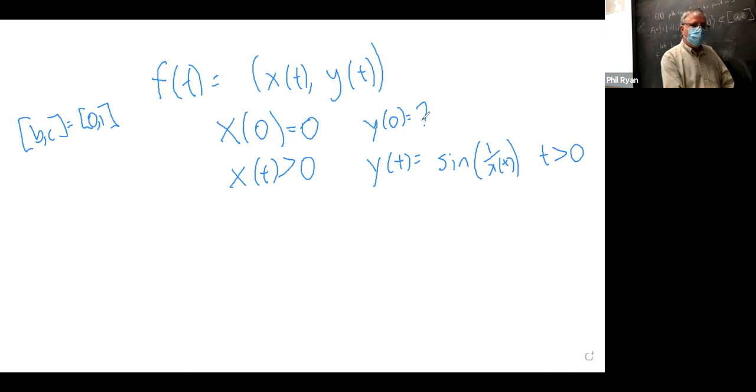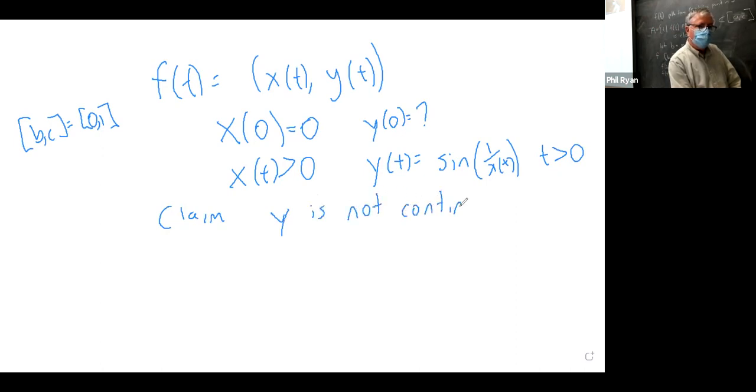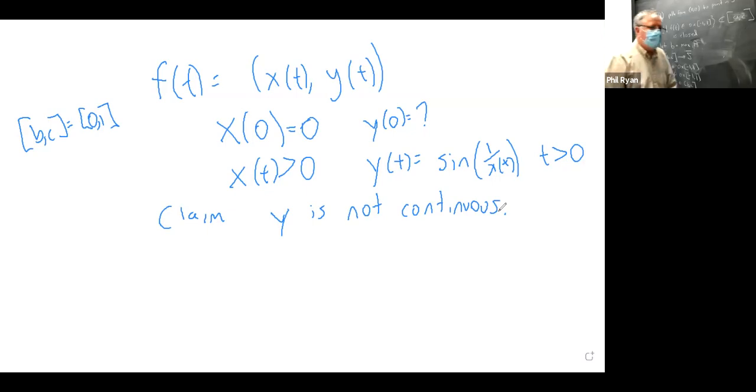So the claim is y is not continuous. If y is not continuous, then f is not continuous, and that means f is not a path, and so the space is not path connected. The problem is we've got t and we've got x, so two variables.